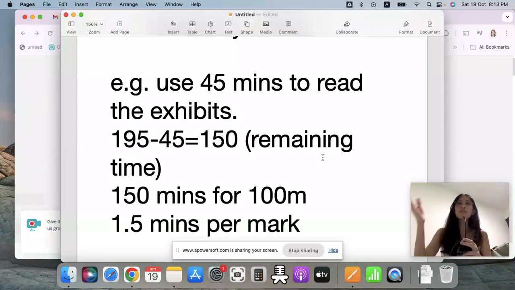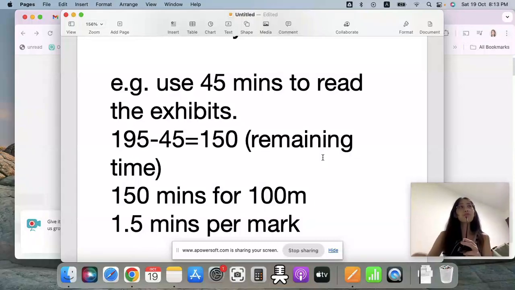You need to find out the time that you need to use to read through all the task requirement and also the exhibits. I would say for Malaysian students, 45 minutes is quite justifiable, and I think it shouldn't be further longer. 45 minutes should be at the maximum end, right? So if you can go for shorter time, then it's the best.